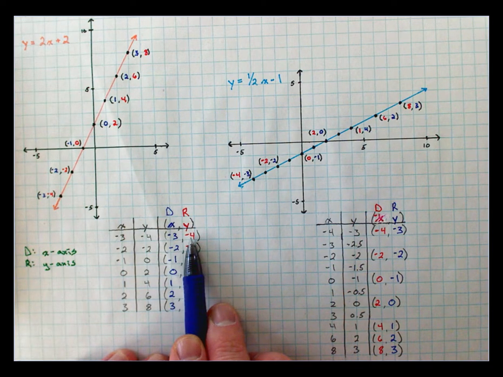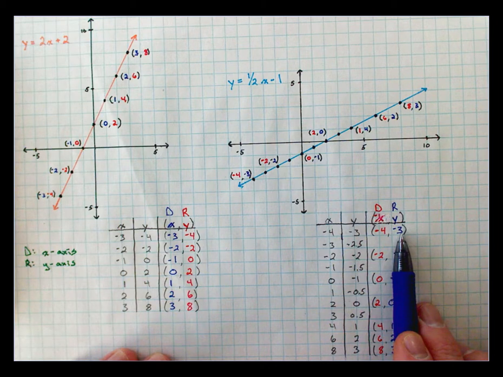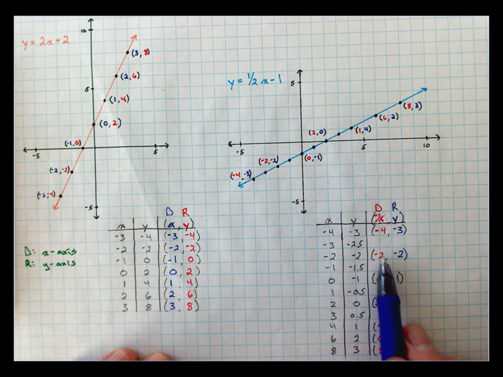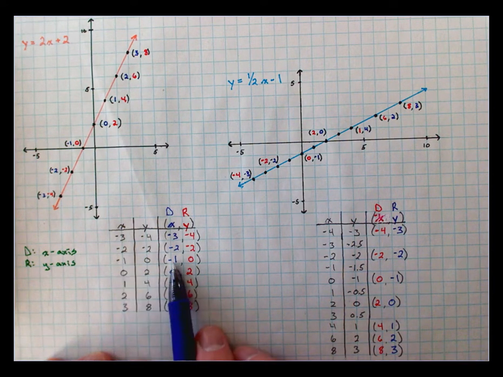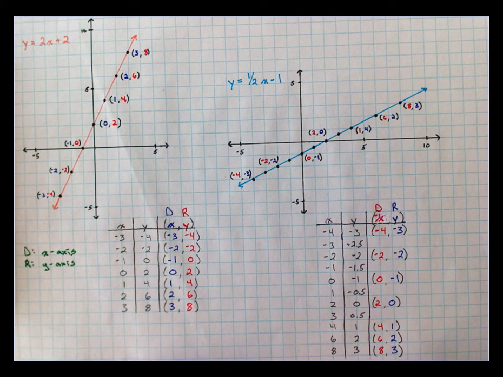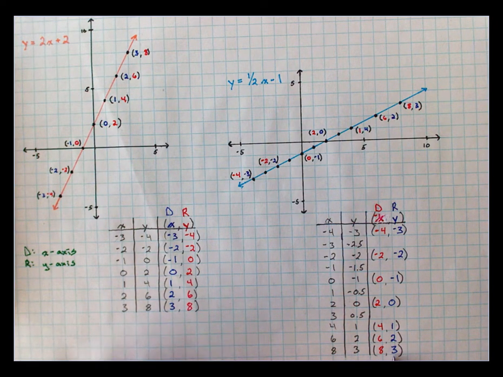-3, -4, they flipped. -4, -3. -2, -2, well, -2, -2. But then at this point I have -1, 0, and they have flipped 0, -1, all the way through to 3, 8, 8, 3.